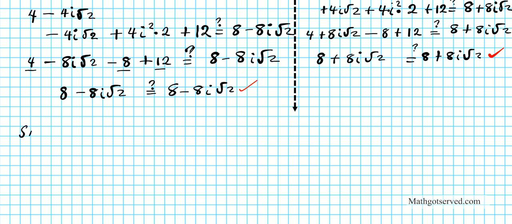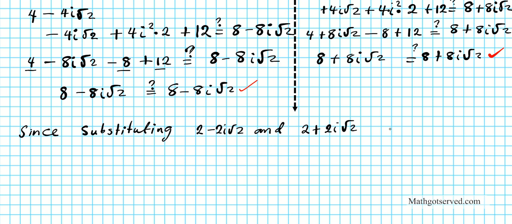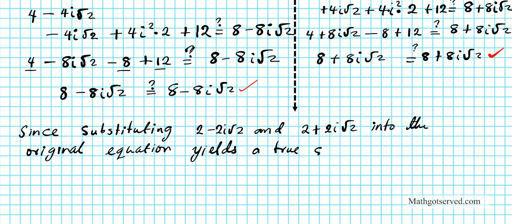So since substituting 2 minus 2I root 2 and 2 plus 2I root 2 into the original equation yields a true statement, our results, namely 2 plus 2I root 2 and 2 minus 2I root 2, are correct.